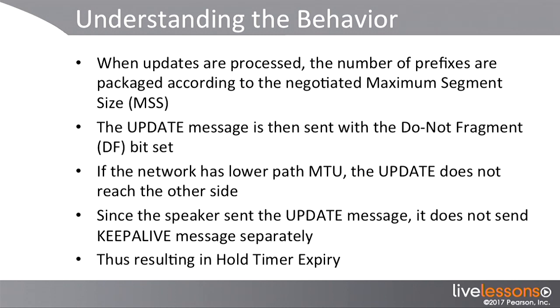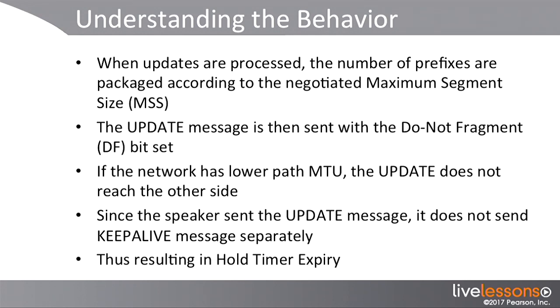If the number of prefixes packaged is equal to the maximum segment size, and that packet is not able to make it through the path between the source and the destination, the BGP peering will flap. The reason is that when BGP peers exchange update packets, they are sent with the DF bit set.